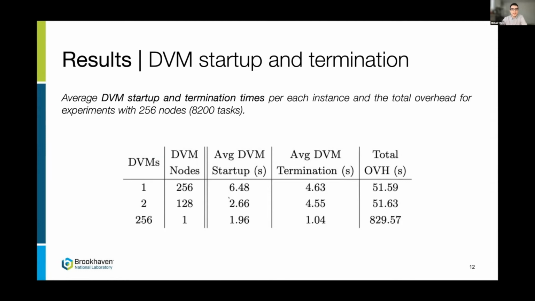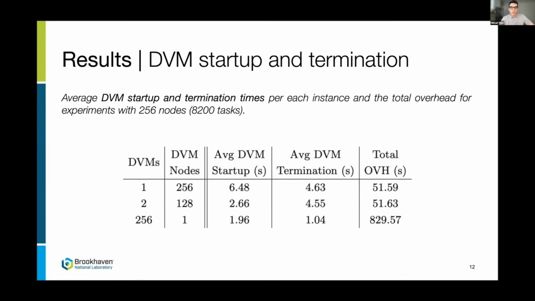But of course, while having really small startup and termination times, the total overhead is pretty high for the largest number of DVMs we had for these 256 nodes. This is also because all DVMs were started sequentially, which was recommended so that the DVMs wouldn't interfere with each other.